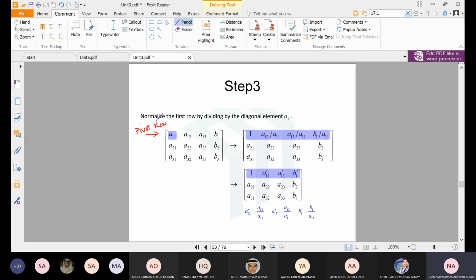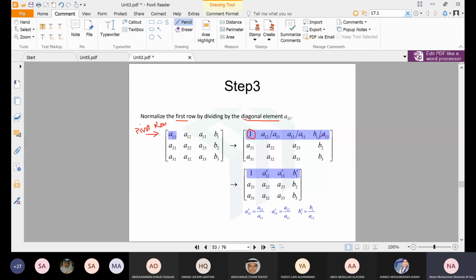So here we need to normalize the first row by dividing by the diagonal coefficient A11. I will divide row number 1 over A11. So in this case, I normalize this one. That means I make this 1, because this will make the matrix at the end an identity matrix.